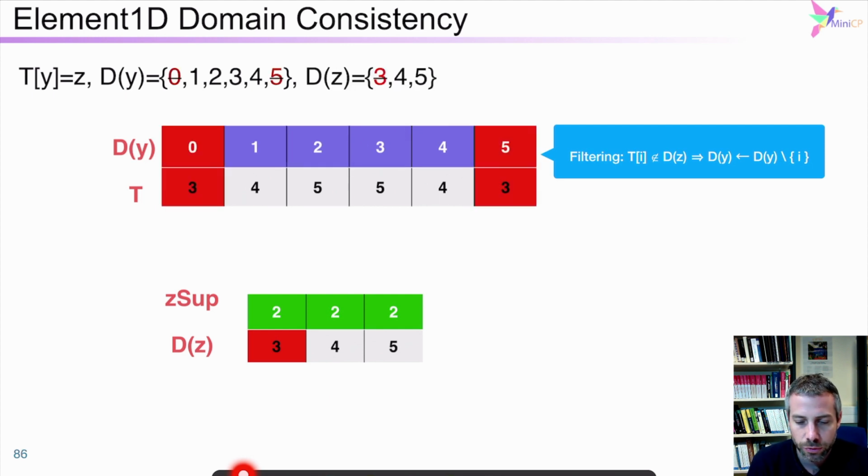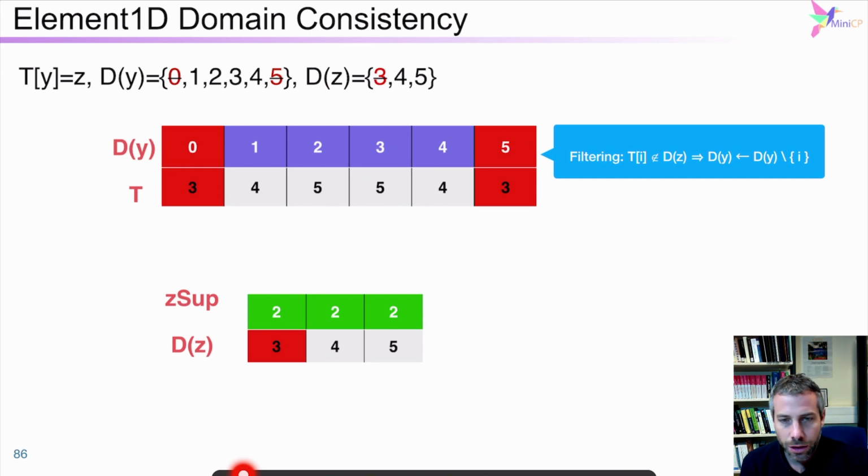The filtering rule is that if for some entry I realize that t of i is not part of the domain of z, then I can safely remove this value i from the domain of y. This is exactly the rule that I just used to remove the values 0 and 5 from the domain of y.